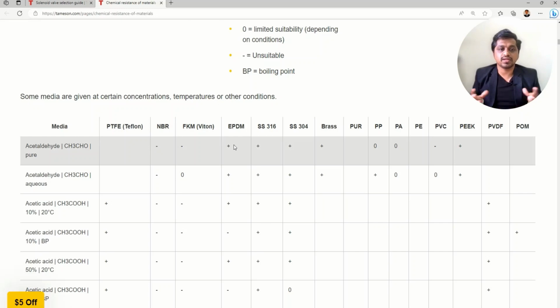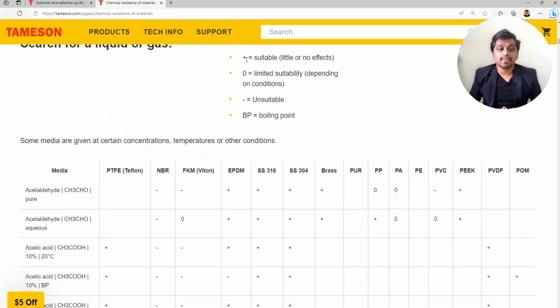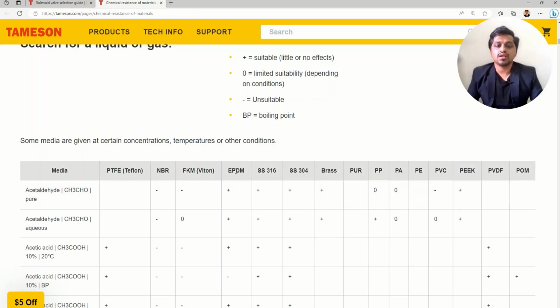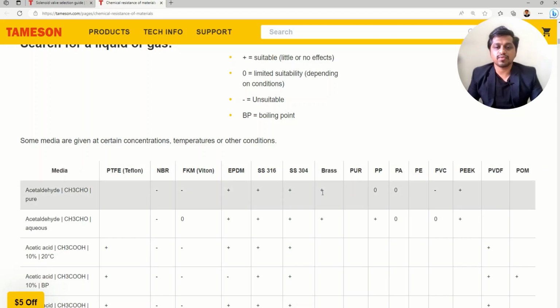So we can read the media, then check which material is suitable for our media. You can see there are almost 300 to 400 materials listed over here, so you can definitely check out this site. You can see EPDM is suitable, SS is suitable, brass is suitable for acetaldehyde, right?